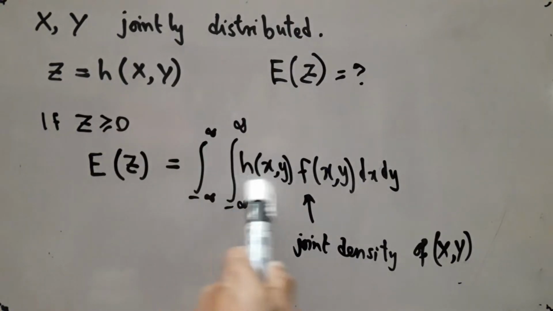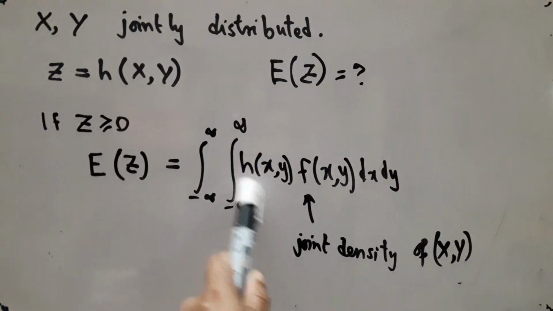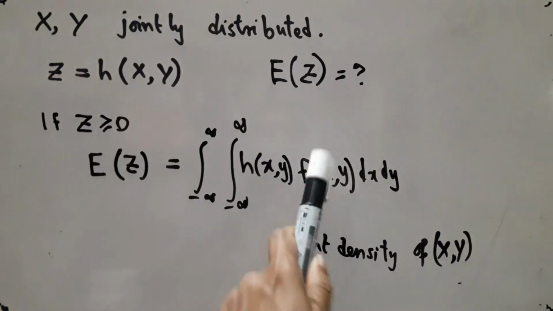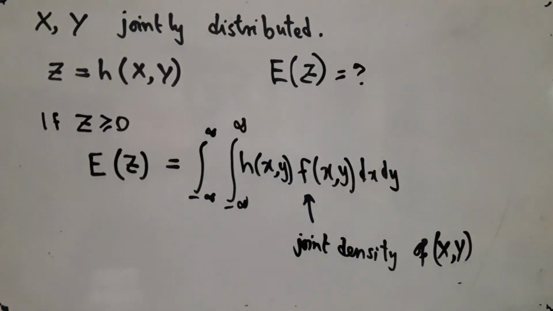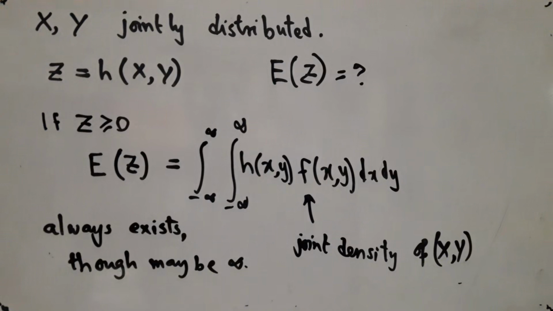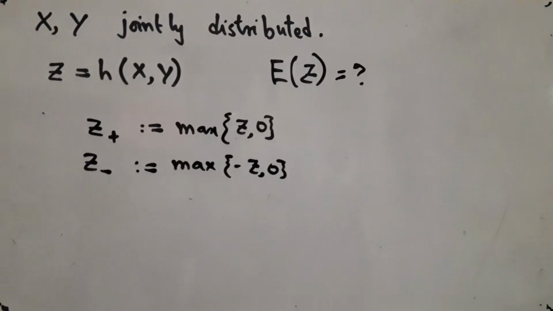Now, since the integrand is non-negative, because of this, and density is always non-negative, this integral is always bound to exist, though it may be infinite. And in general, that is, if this non-negativity condition is not present, then we can proceed in the usual way. We define z plus and z minus.